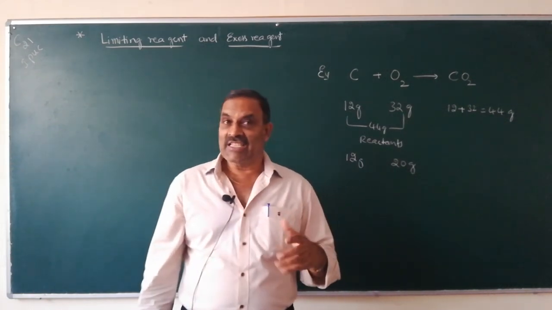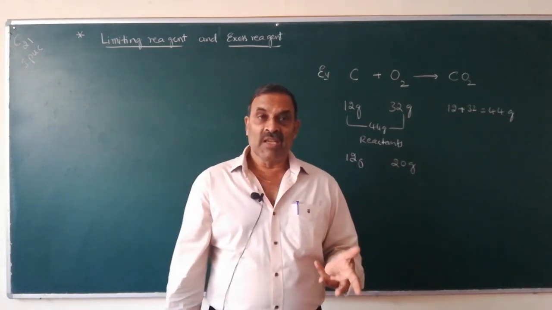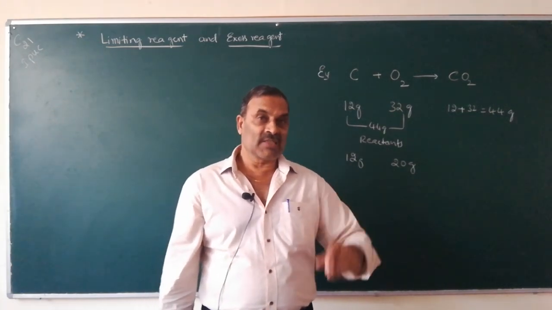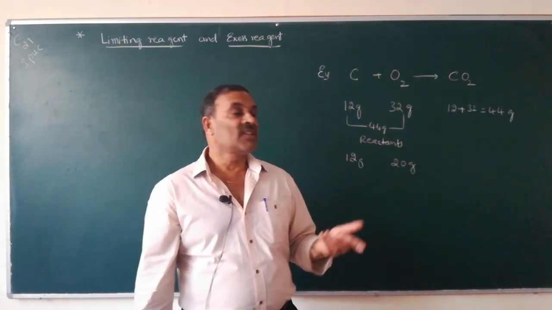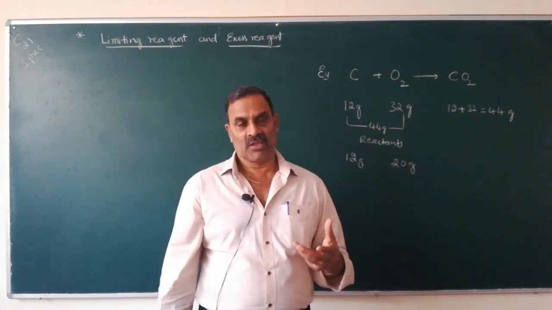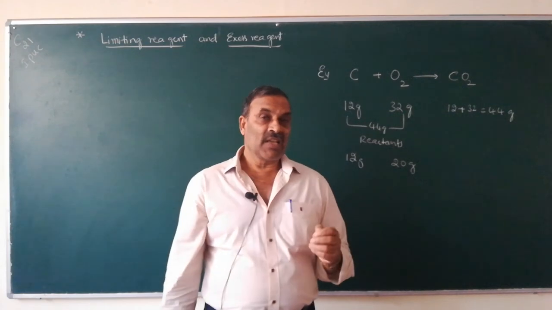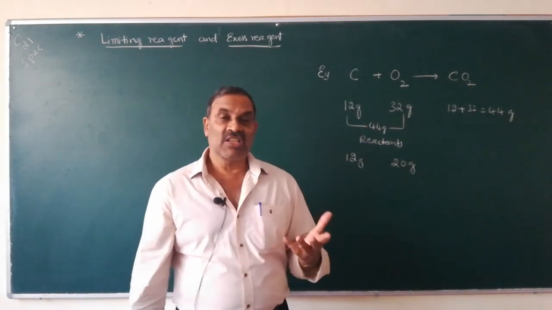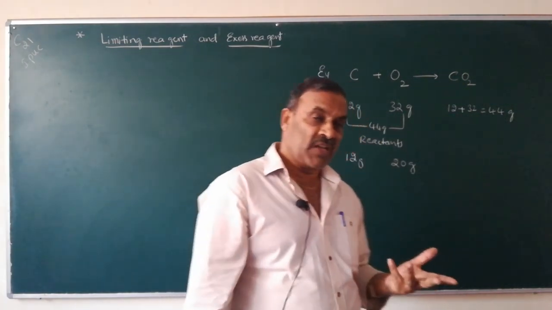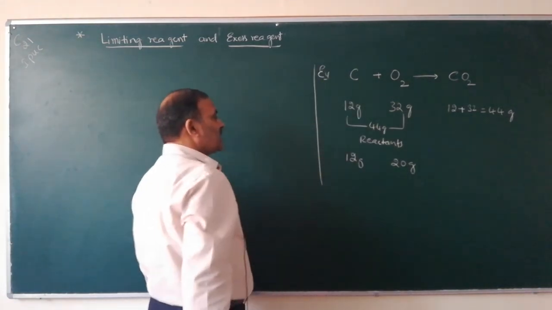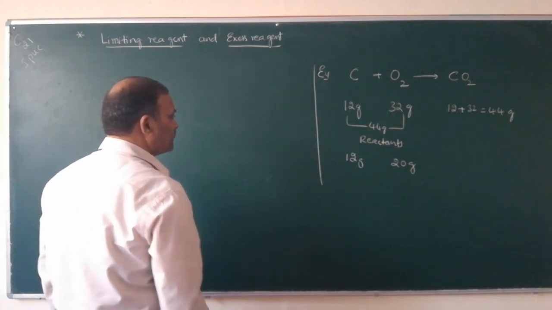Why is it not consumed completely? The excess reagent is not consumed completely because of the absence of the limiting reagent. There is a limited amount of limiting reagent, hence the excess reagent is not reacted completely. That is the definition of limiting reagent and excess reagent.